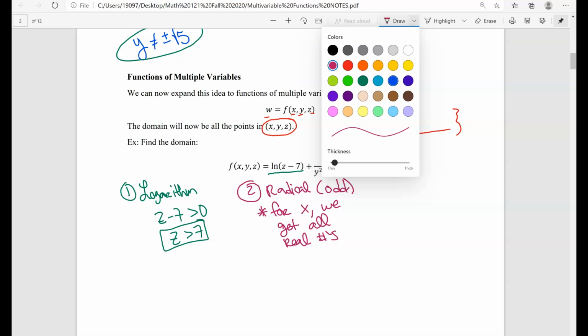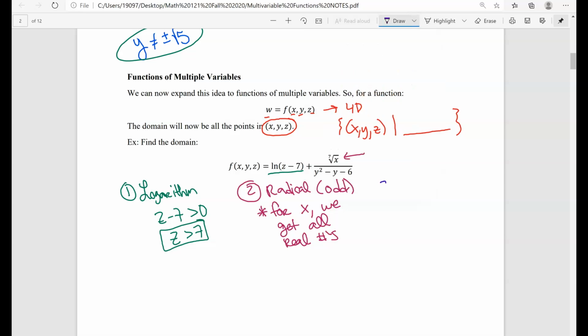And then finally with the y values, we got a rational. We got something in the denominator. So we got a rational, and what we want to do for that guy is set it not equal to 0 and solve.